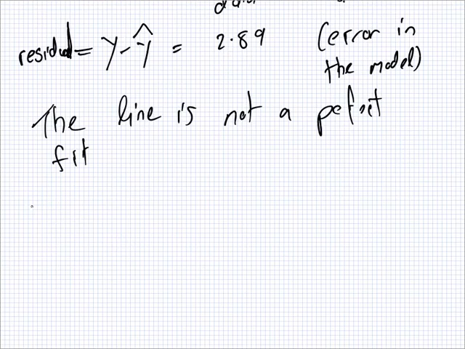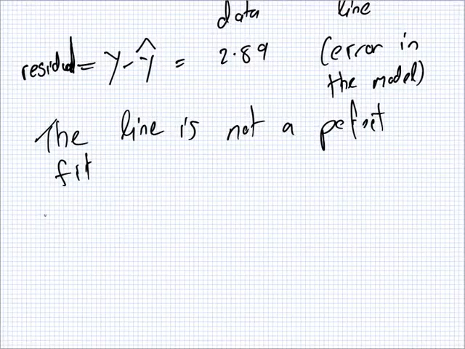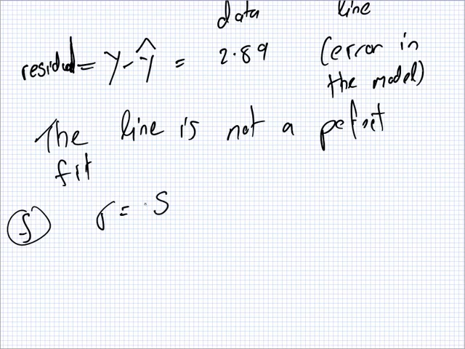Okay, the next one is calculate the correlation. Now this formula, what is it? N SXY, it's like the other formula, minus SX SY over, what then?